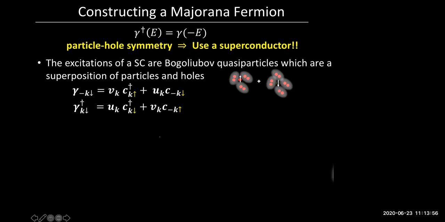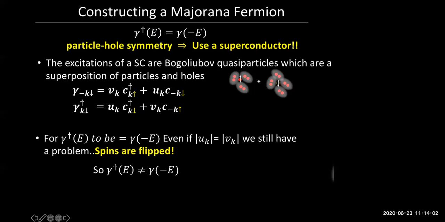The u_k's and v_k's give you the relative weights of the electrons and the holes. So if you want the creation and annihilation operators to be the same, then you would like u_k to be equal to v_k. And imagine that this kind of thing is possible in a normal superconductor.